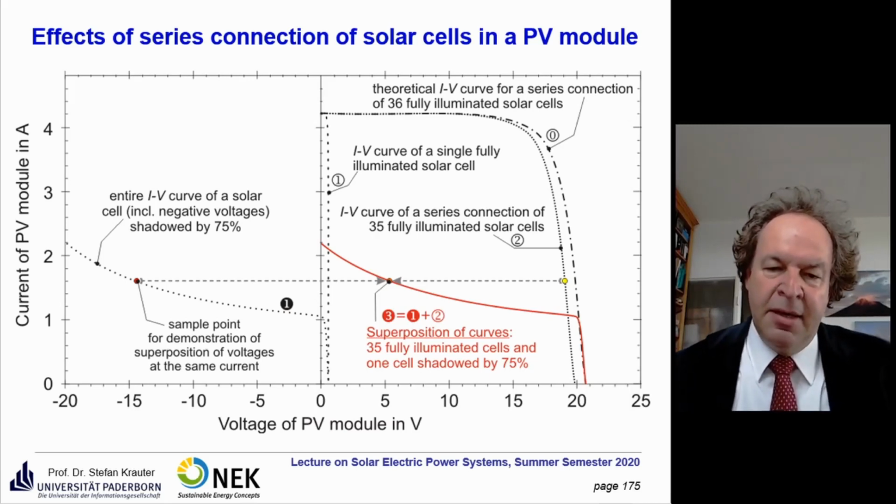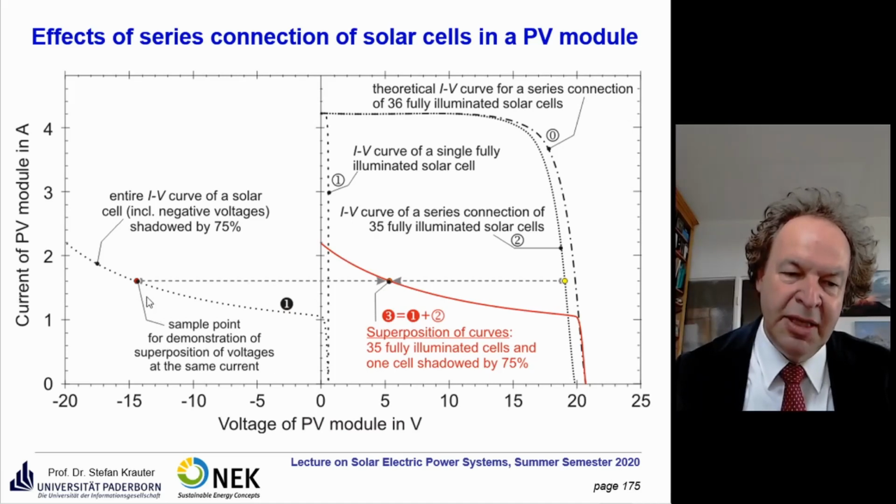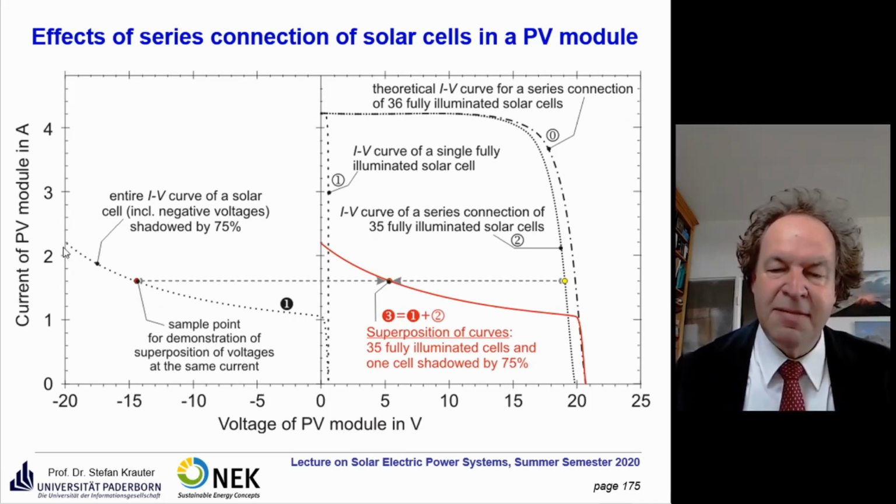And if you have many modules and cells interconnected together, the voltage can be even that high, not only minus 20 volts, it could reach in the most drastic case minus 1000 volts, and that means it could even destroy your solar cell permanently.